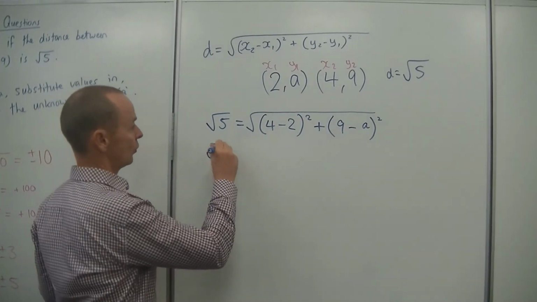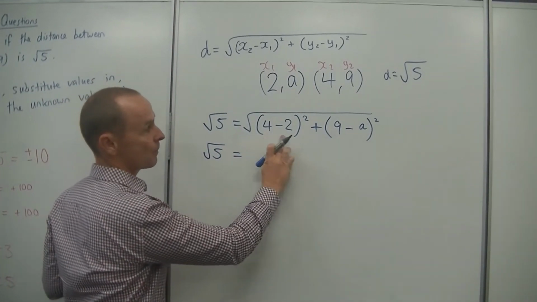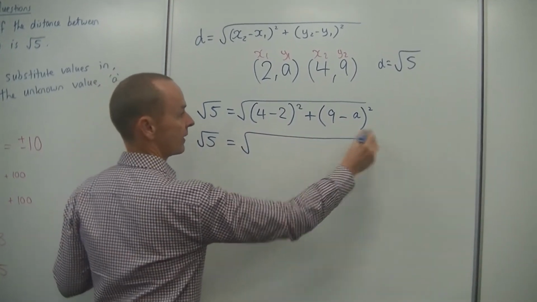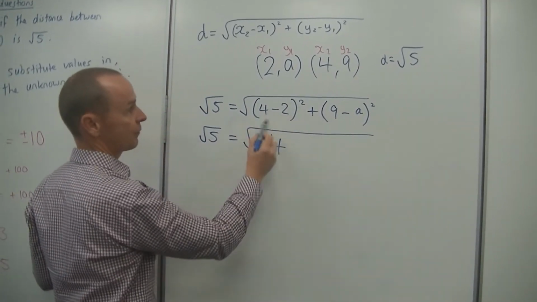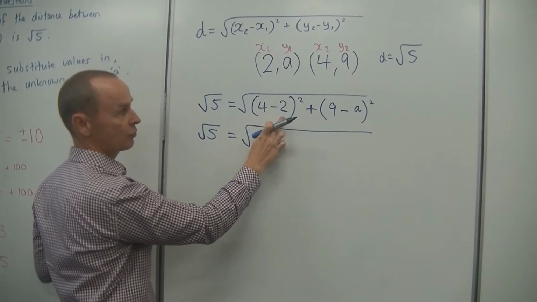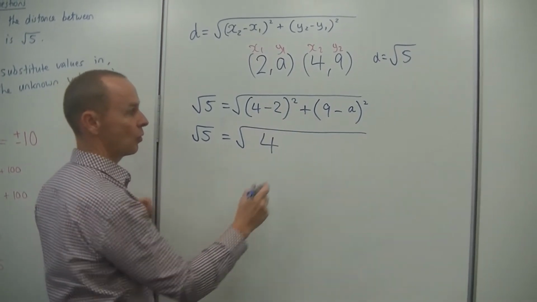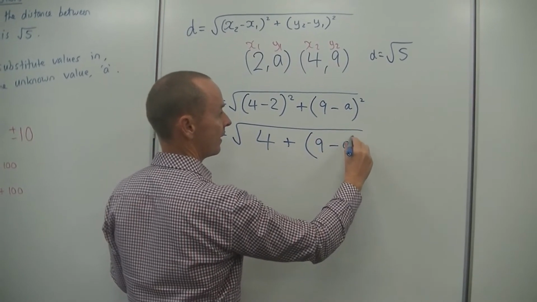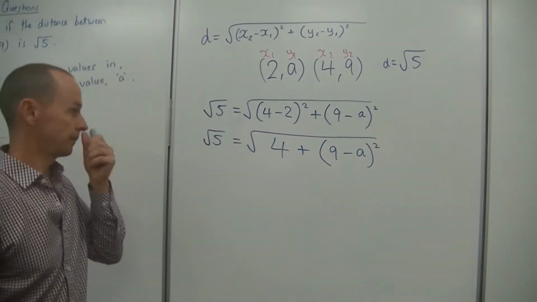So, root 5 equals 4 minus 2 is 2, 2 squared is 4. So I'm just going to jump right to the answer there. This whole bit here is 4. I'll say it again, 4 minus 2 is 2, and 2 squared is 4, plus 9 minus A squared.